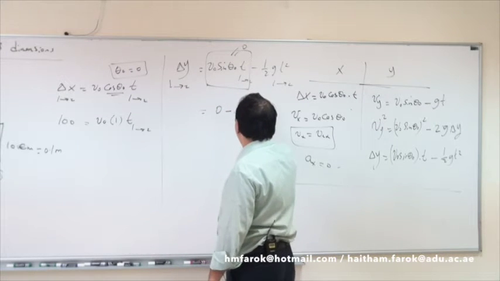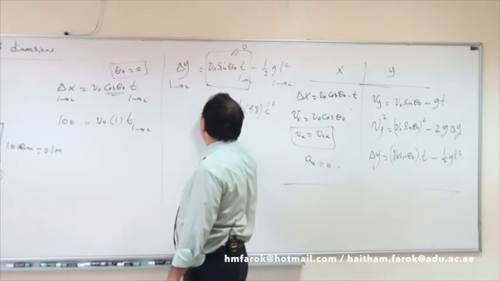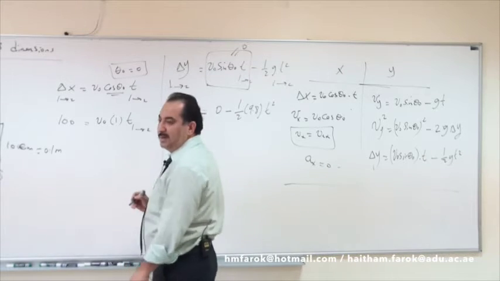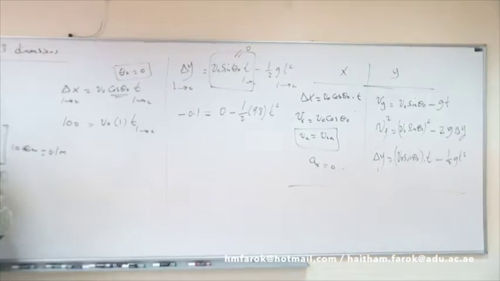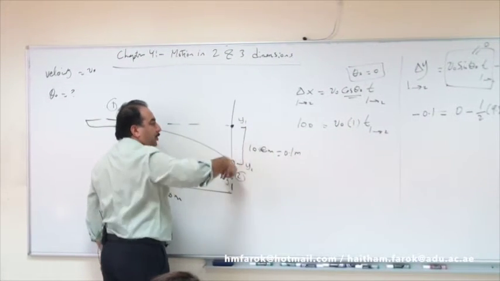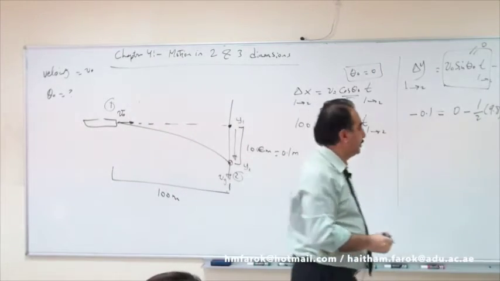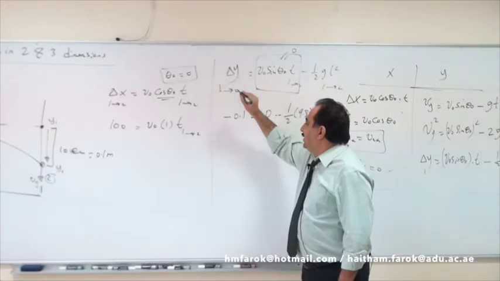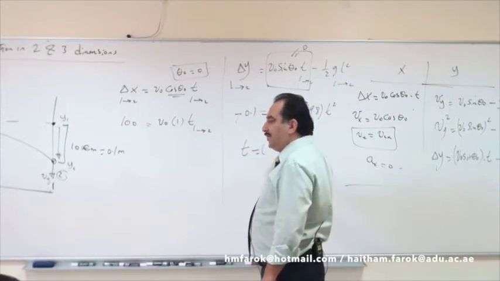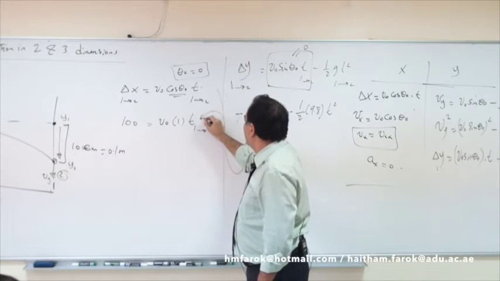Minus half 9.8, t squared. And how much is delta y? Minus 0.1 meter. Why minus? Because initially this is y1, finally y2. You're going towards y2, down. Minus with minus. Do the calculation. You find what? Once you find t, substitute here. How much is the time?